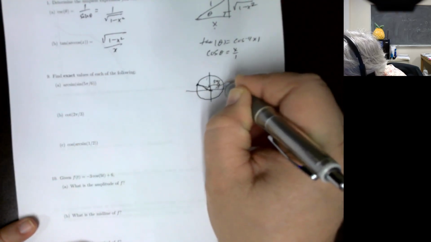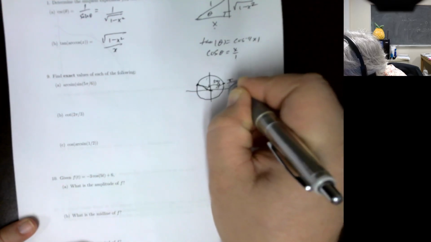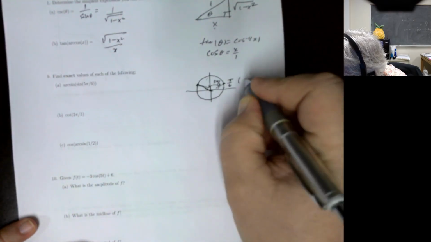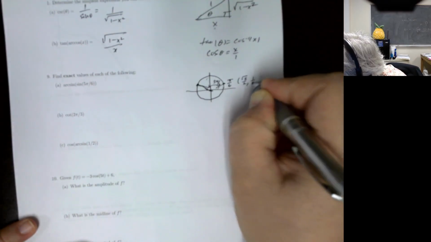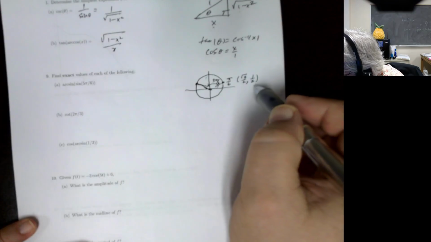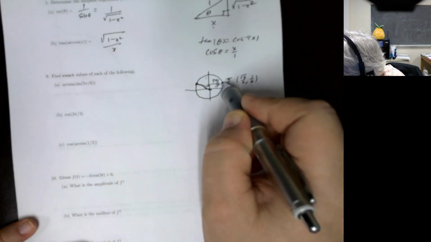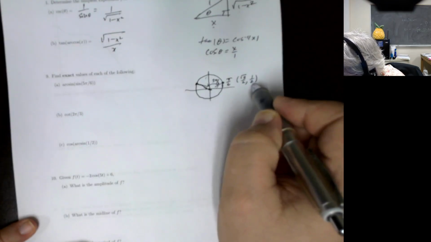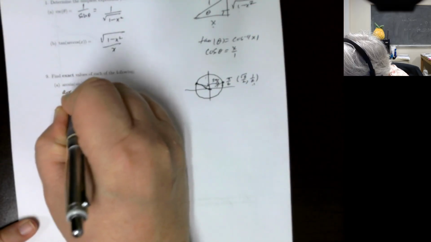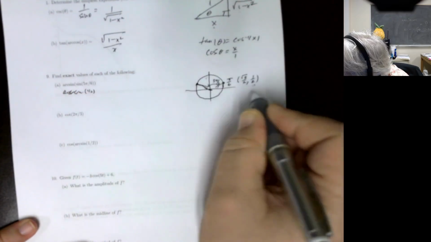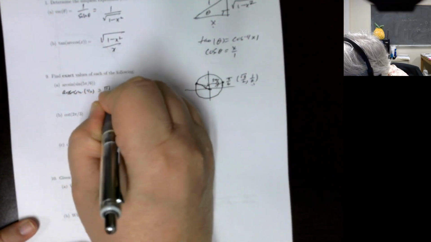Well, remember what our coordinates are at pi sixths, right? That would be square root of 3 over 2 and 1 over 2. And so the sine is the y-coordinate, and so that's going to be 1/2, right? So this is going to be arc sine of 1/2, and that is pi sixth.